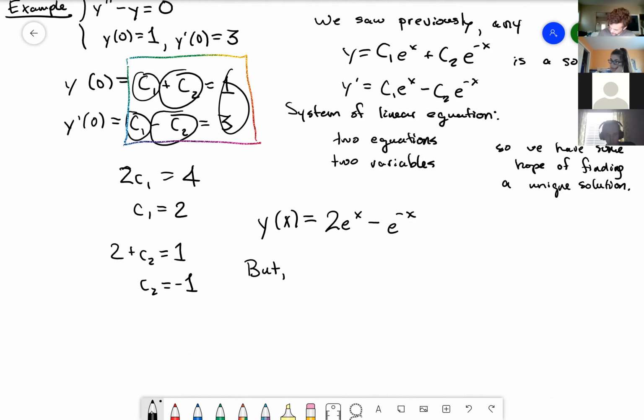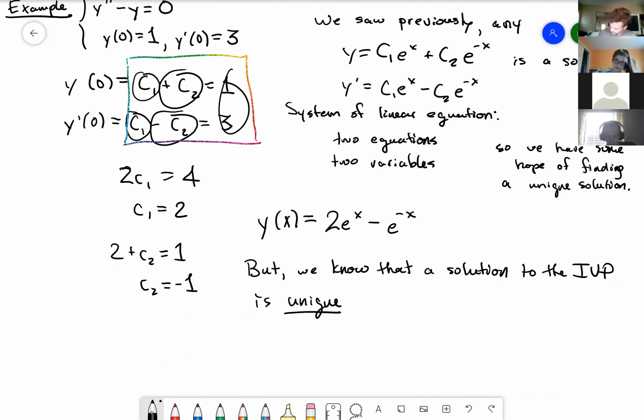But we know that a solution to the initial value problem is unique. Exactly one exists.